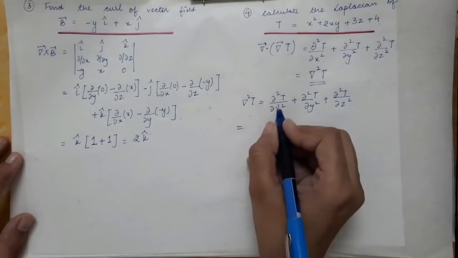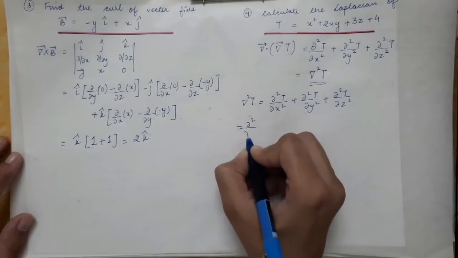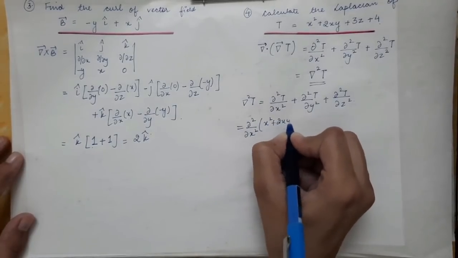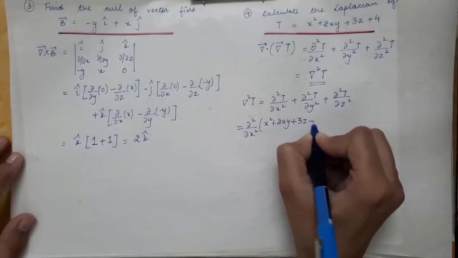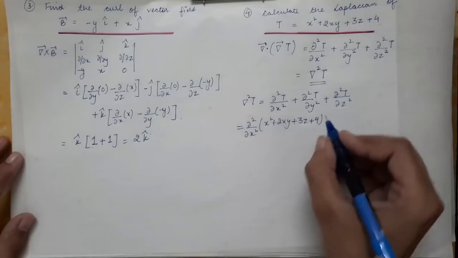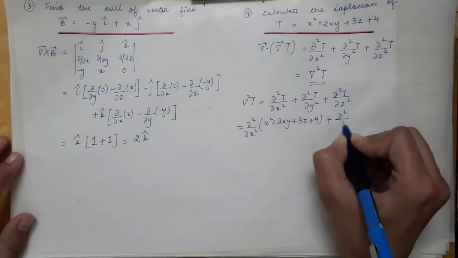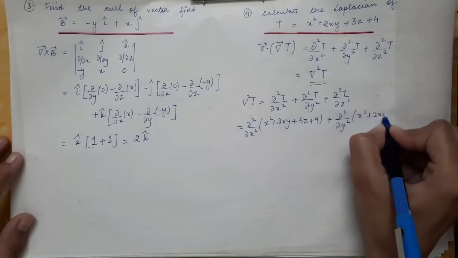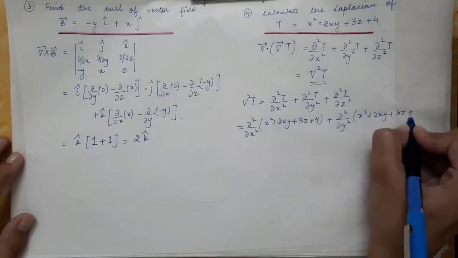So first we have del square by del x square of x square plus 2xy plus 3z plus 4. So we have put the expression of capital T in the first term. Then we have del square by del y square of x square plus 2xy plus 3z plus 4.